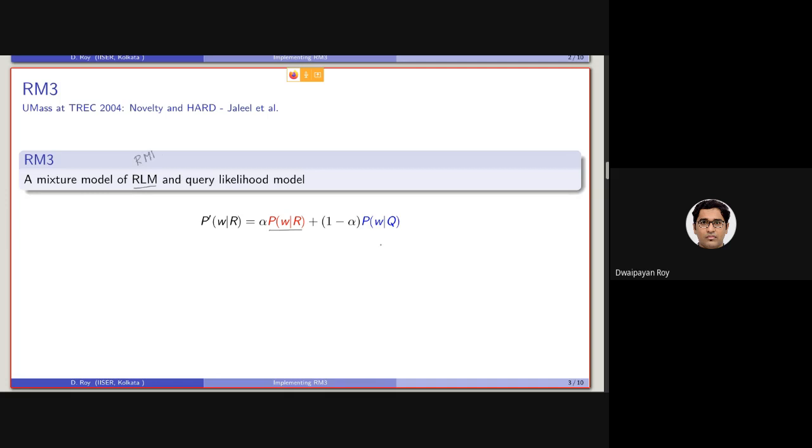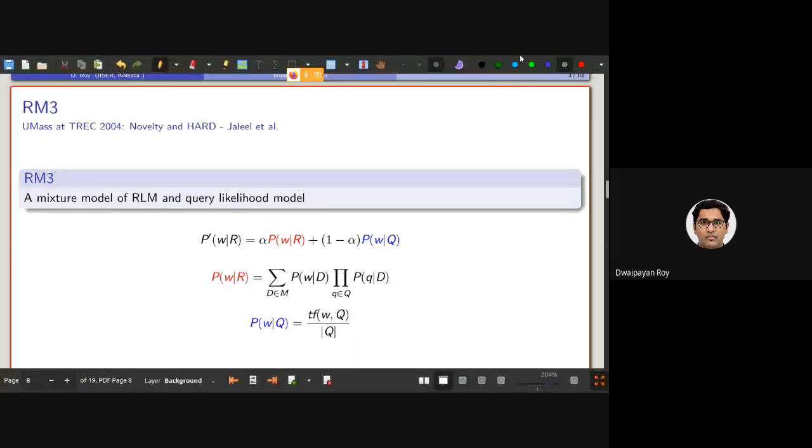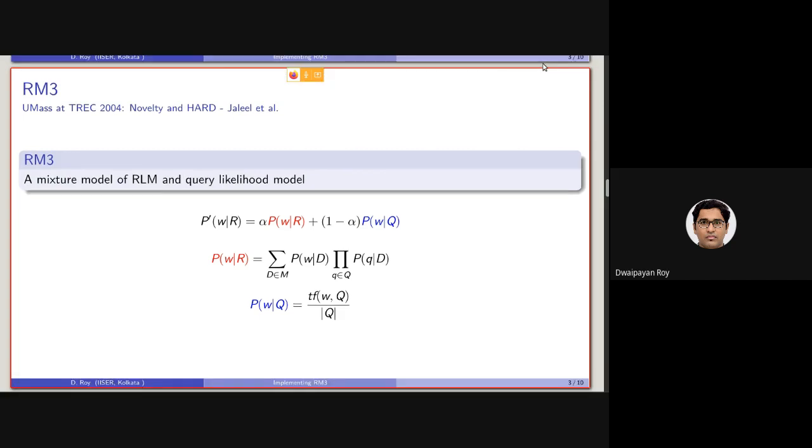Basically, we are considering RM1 here with the query likelihood model, where alpha is the linear interpolation parameter. Specifically, the probability of the individual word being generated from the relevance model is approximated using this, where P(W given R) is the same formula that we have written here, where, as you can see, I have explicitly excluded the probability P(D), the prior probability of the selection of the document.